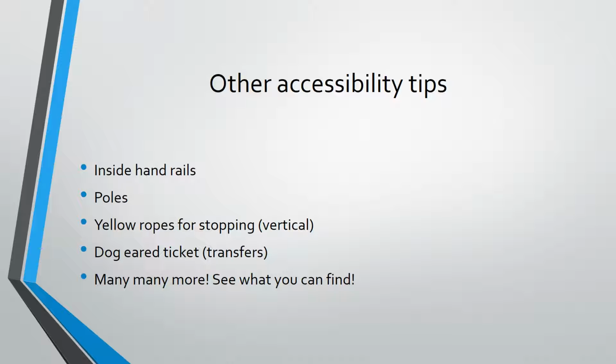And so that ticket is dog-eared specifically so they know what direction to put the ticket into the slot. So there are a lot of different accessibility tips in place for you. And I'm curious what else you find. These are just a few that students sometimes have a hard time recognizing that I really wanted to point out.